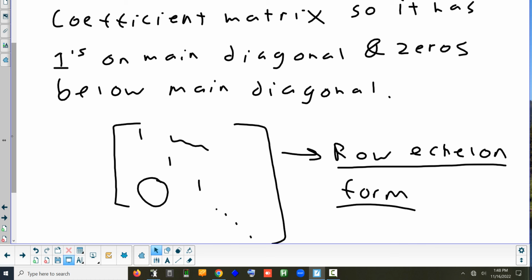What we're doing is called Gaussian elimination. It's named after somebody with the last name Gauss, G-A-U-S-S. And the elimination part comes in when you get 0s. 0s mean you're eliminating things.